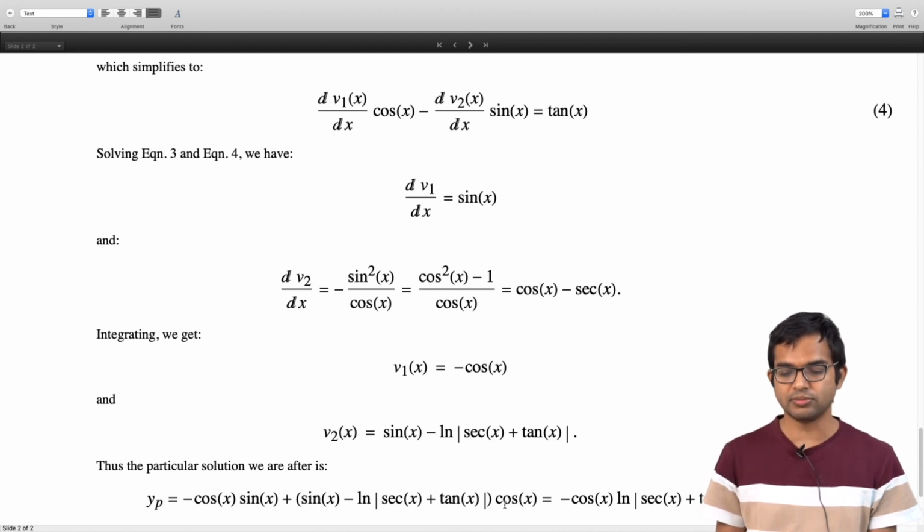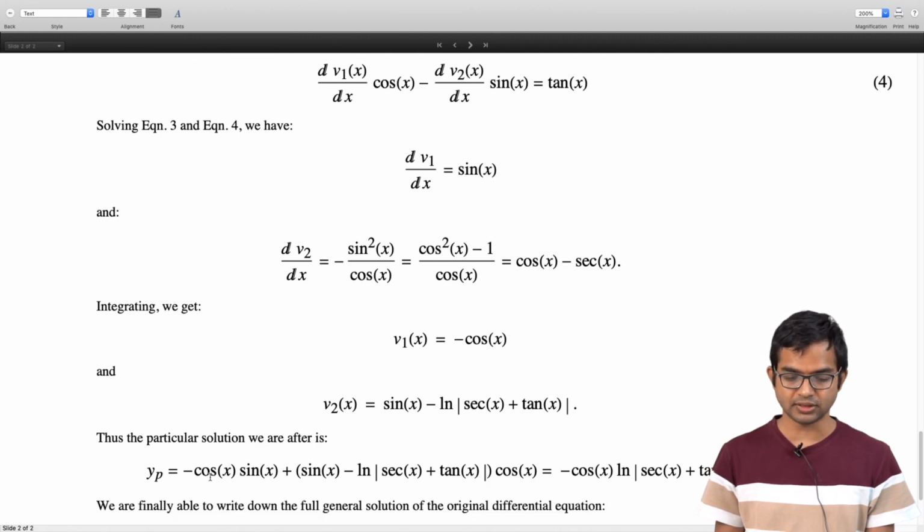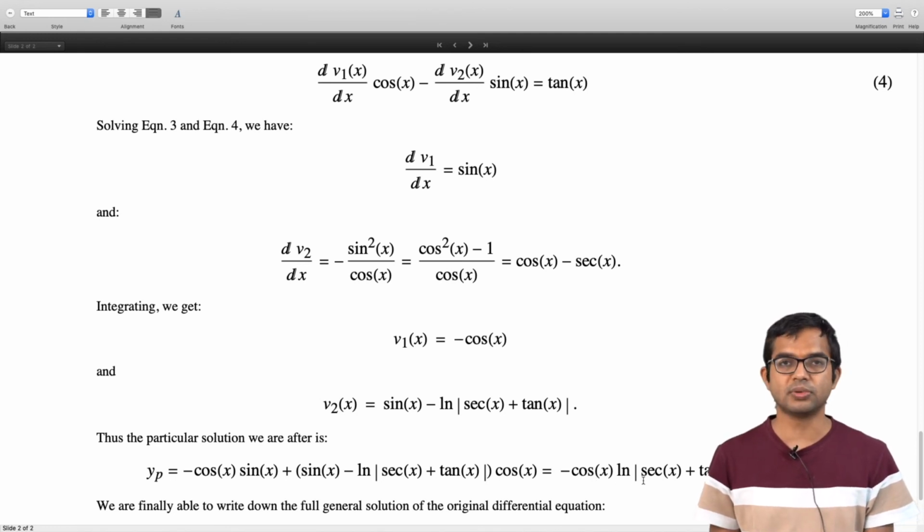The whole thing must be multiplied by cosine x. So now you see that there is going to be simplification. So cosine x times sin x will cancel with minus sin x cosine x, and then we are just left with this one term, which is minus cosine x log of secant x plus tan x, our compact simple expression for the particular solution after all the hard work.